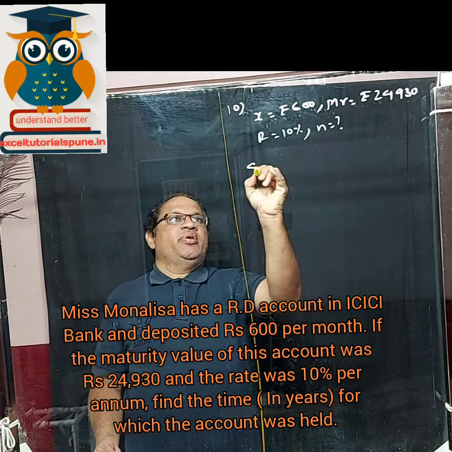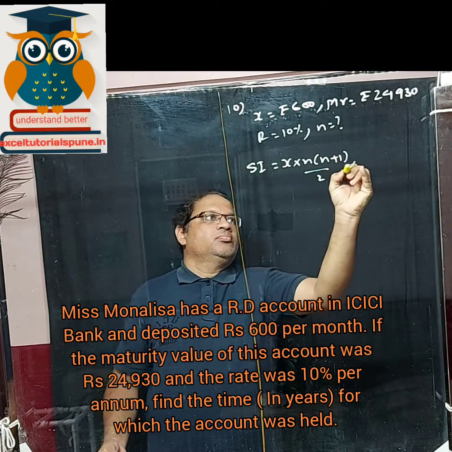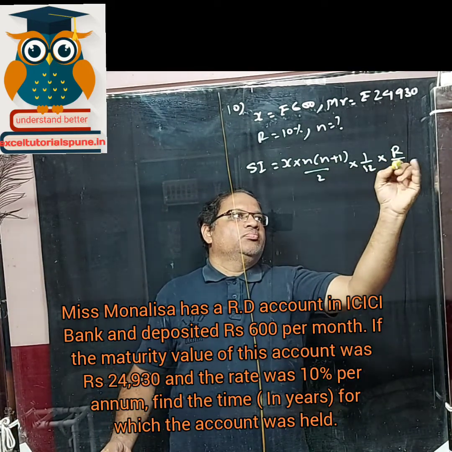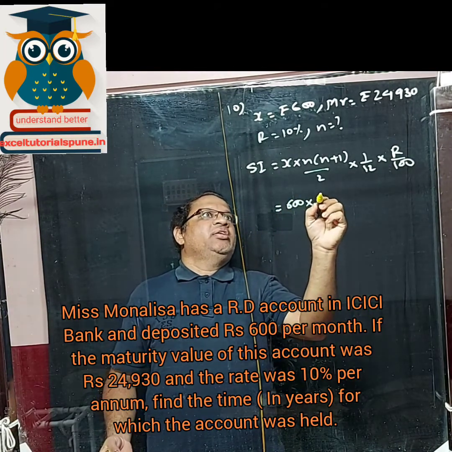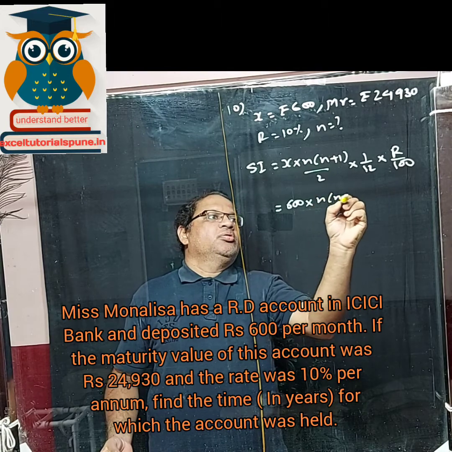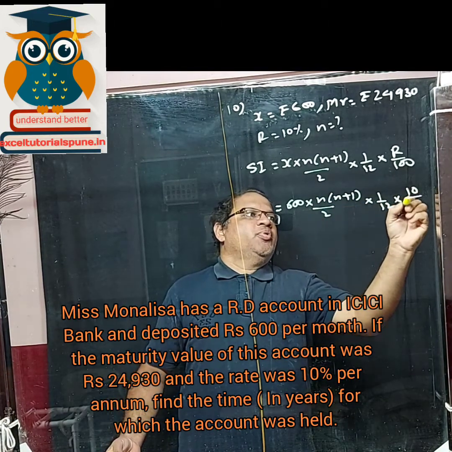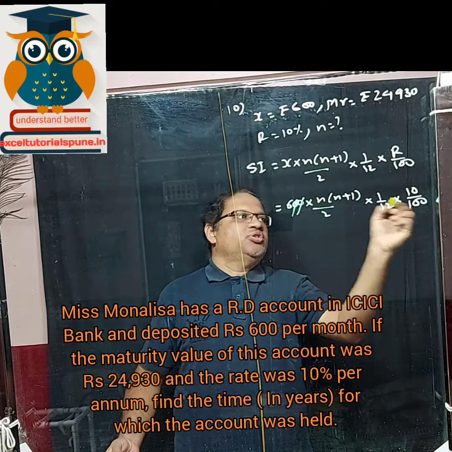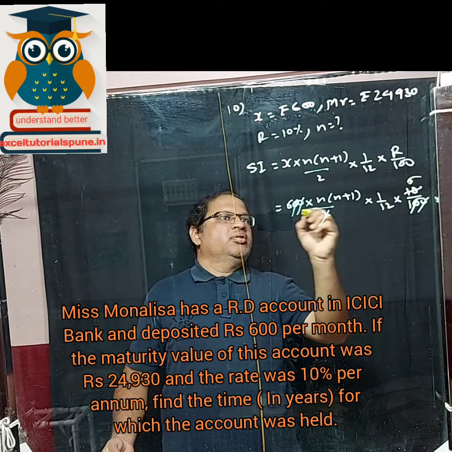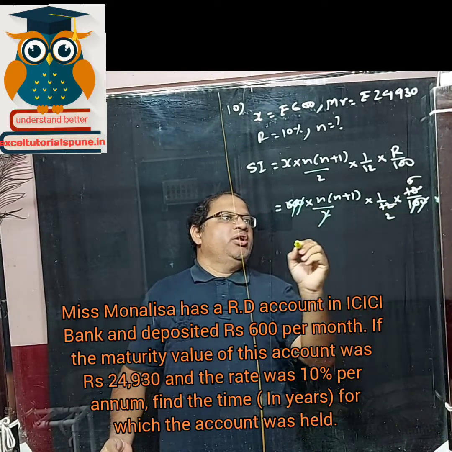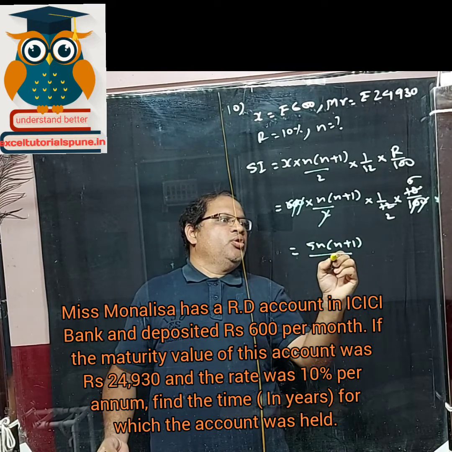So first formula. So x is 600 into n is to be found out. Rate is 10 upon 100. So cancel these two zeros. 2 5s are 10, 6 2s are 12. So it becomes 5n bracket n plus 1 upon 2.